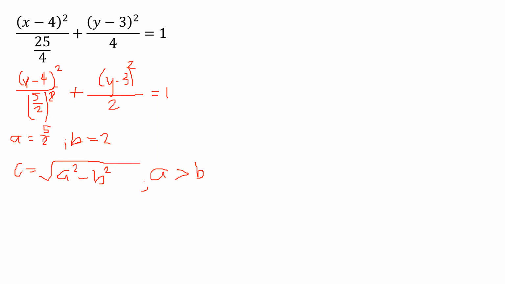So let's substitute: c equals the square root of a squared, that is 25 over 4, minus 4. So the answer is the square root of 9 over 4, that is 3 halves.